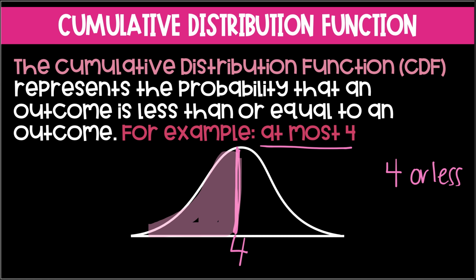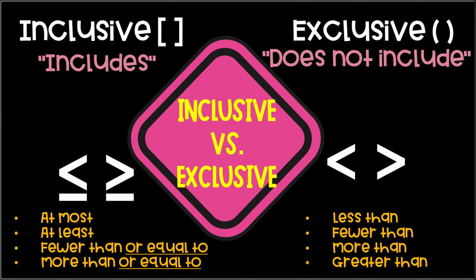You're going to be given different instructions and you have to identify which one's which. Here's a slide that includes the possible different wording you can see in your examples, and you have to decide whether you include or do not include the value. If you're including the value, the wording uses words like at most, at least, fewer than or equal to, or more than or equal to.